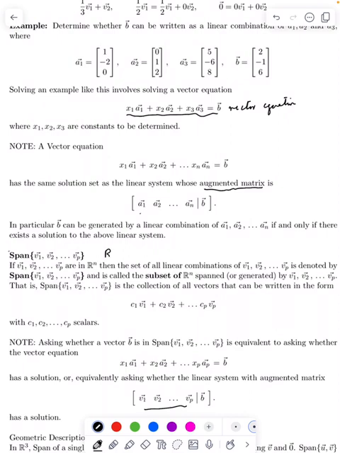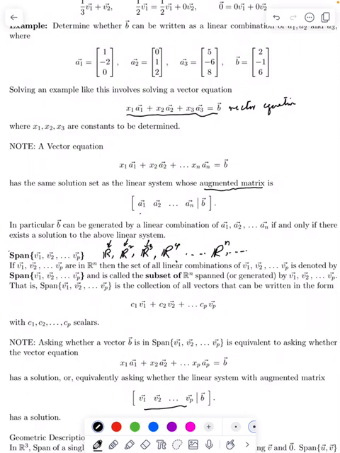So we have seen R, R2 and R3. This is a number line, this is a plane, this gives us a space, and the rest of them we cannot imagine or visualize, but you can just see an extension of these R's.